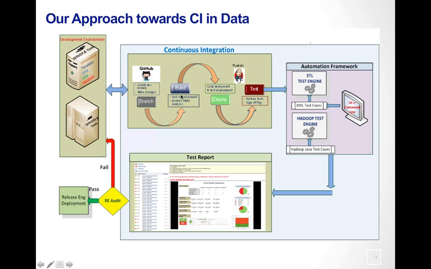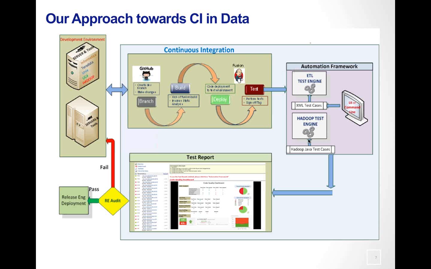But on a high level, once the build is ready, the next step is to ensure that this gets deployed onto an environment where the tests can be performed. So we deploy it and then the tests are performed, and we do have different tests that get invoked depending on the kind of code that is being delivered.